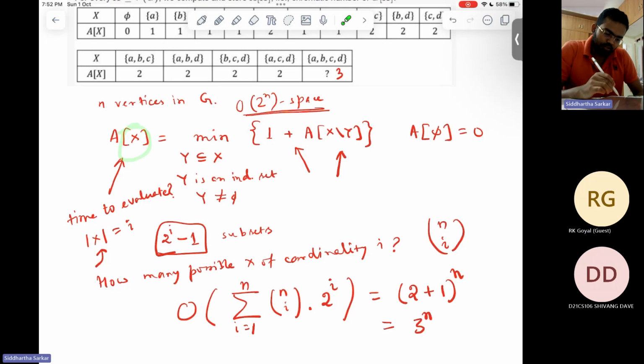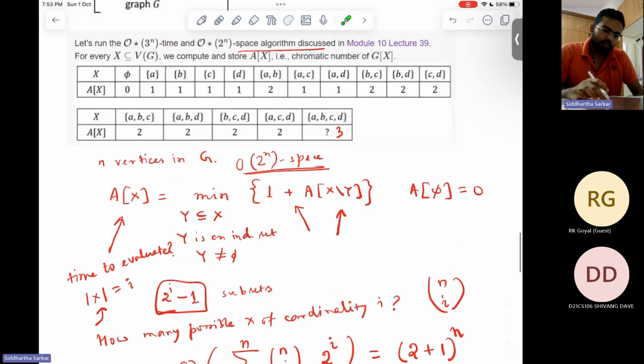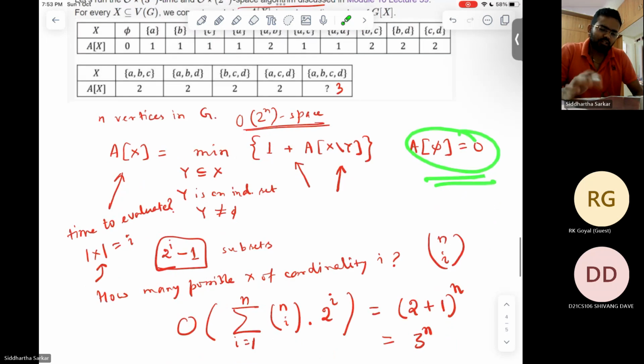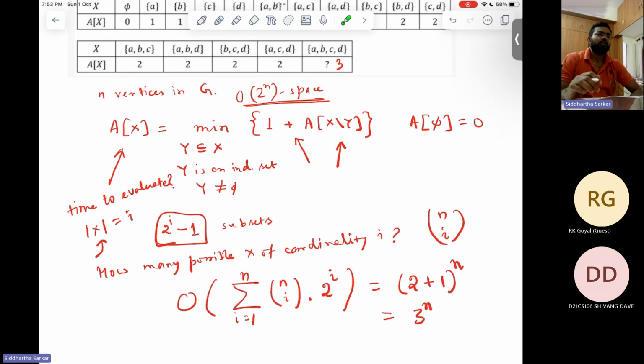So for x, there are possibly n choose i options, and for each x, the number of subsets is at most 2 to the i. This x cardinality can go from 1 to n because cardinality 0 we have already taken care of in the base case. Yeah, this looks okay to me.